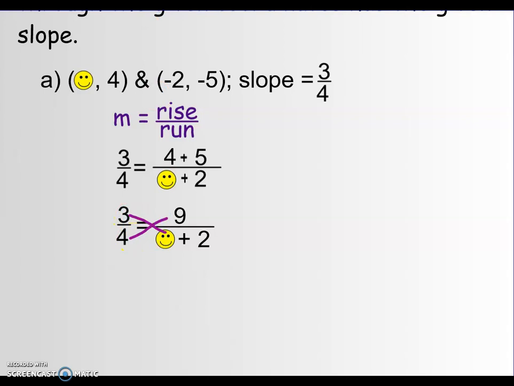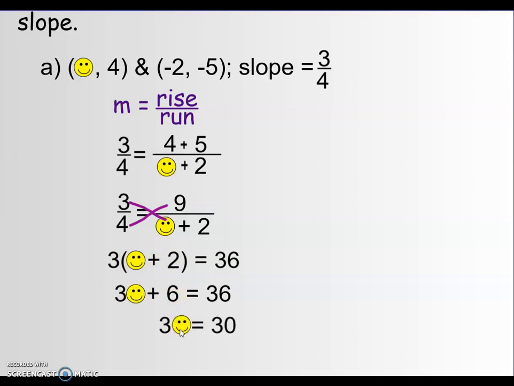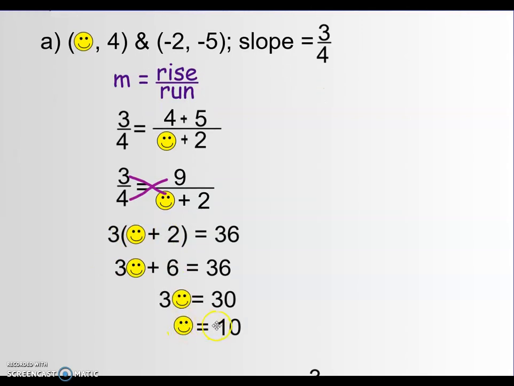And so when we do that, on the one side, we get 3 times the quantity of smiley face plus 2. And on the other side, we get 4 times 9, which is 36. And just walking through and distributing and solving this algebraic equation, we can eventually come up with our value for smiley face, which is 10.